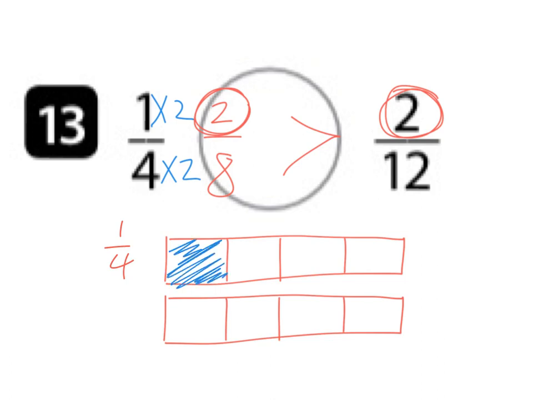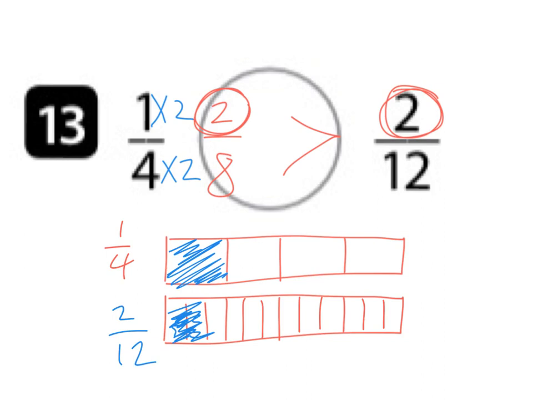And then the bottom I'm going to need 12ths, so I'll have to divide each one of these fourths into thirds. 1, 2, 3, 4, 5, 6, 7, 8, 9, 10, 11, 12. And I know I'm going to have 2 12ths shaded in here. So 2 12ths shaded in. And I can see that 1/4 is greater than 2 12ths.